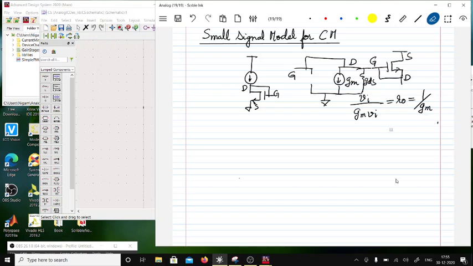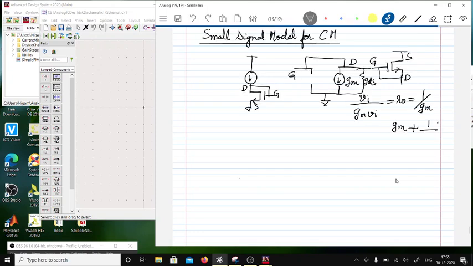The conductances are GM and GDS, so GM and GDS should go in parallel.